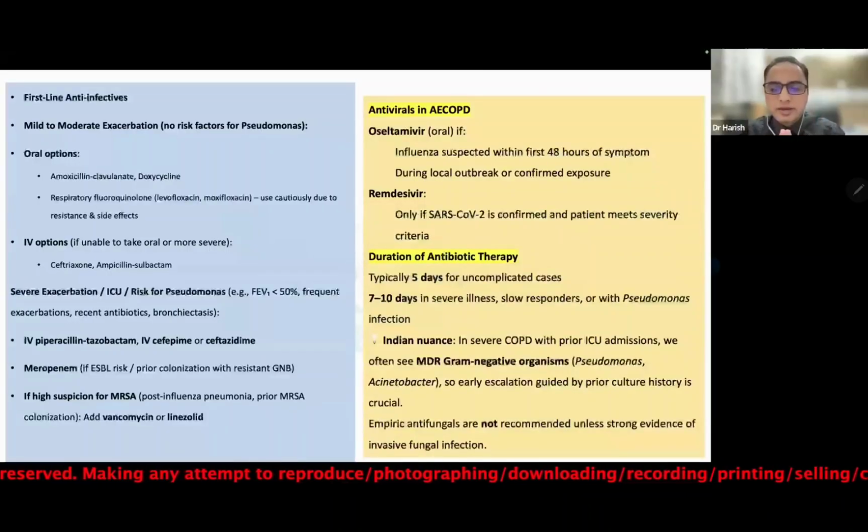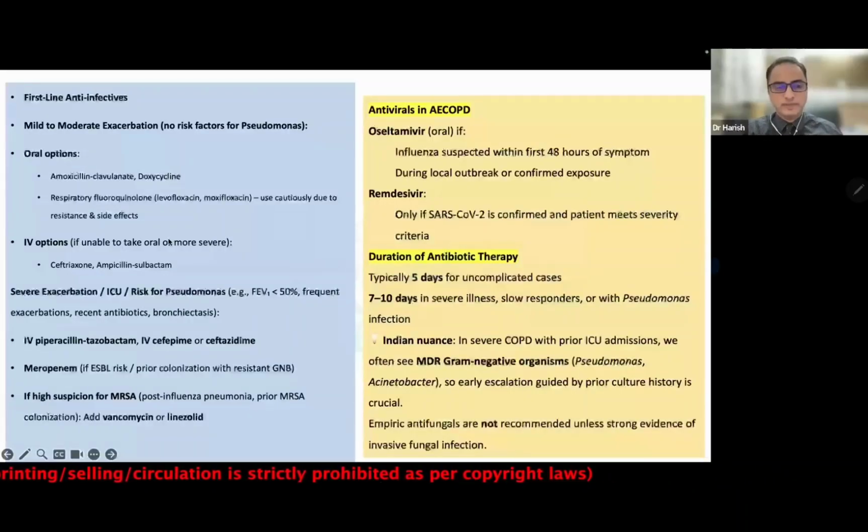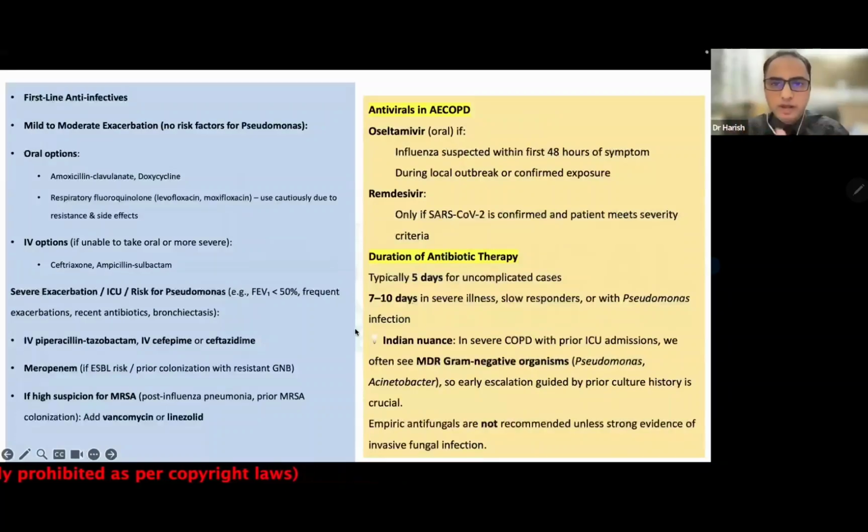So early escalation guided by prior culture history or antibiogram is very, very essential. Empirical antifungal is not recommended unless strong evidence of invasive fungal infection is there or if the patient is immunocompromised. Okay, so this is just an overview of the antimicrobial therapy in acute infective exacerbation of COPD.